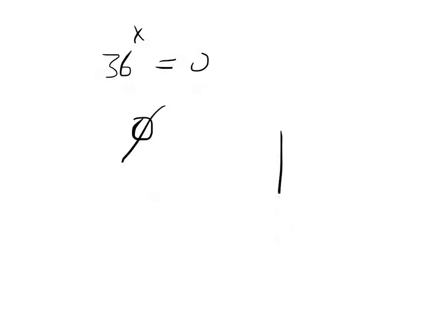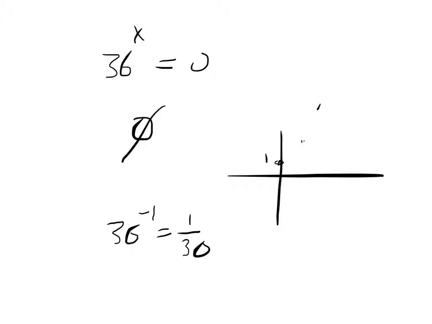And if you think about that, if I take 36 and raise it to a power, 36 squared is going to be some huge number. 36 to the first is 36. 36 to the 0 is going to be 1. And then if I keep going down with negative exponents, 36 to the negative 1 is 1/36. So that's going to be down here pretty close to the x-axis. 36 to the negative 2, well, that's 1/36 squared, getting closer and closer to 0.